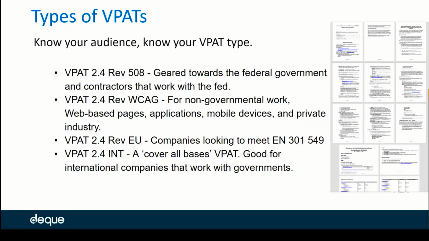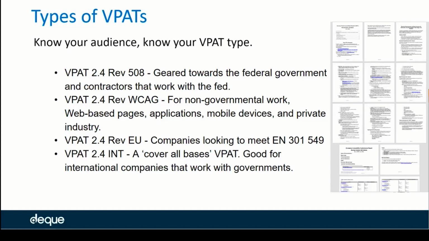So there's a lot of similarities between VPAT 2.4 Rev 508 and the following Rev WCAG. But if you're going to work with the federal government, this is the VPAT they're going to want you to turn into an ACR for them. If you're working with contractors who use it, then you're probably going to want to have that VPAT.